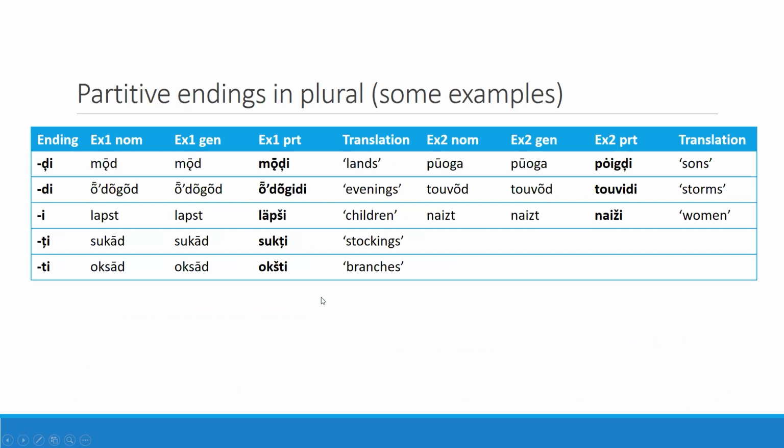It's only this ne, nant, and very few where you have some difference. So this mood, moodi, õõdõgõd, õõdigidi, or lapst, lapst, läpsi, sukad, sukad, sukki, oksad, oksad, oksti. Or puagad, puagad, põikti, touvõd, touvõd, touvidi, naist, naist, naisi.